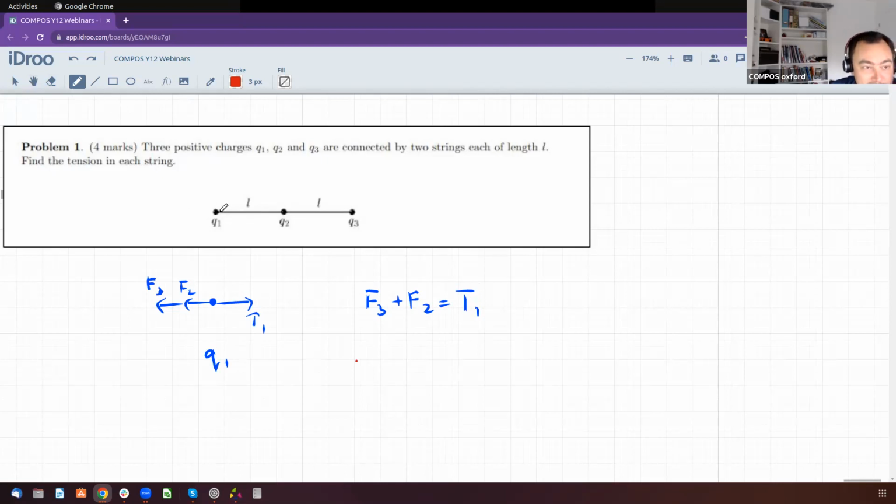So it's going to be T1, T2, sorry, T1, T1, T2, T2, and this is going to be F2, F3, and this is going to be F1, F3, and this is going to be, oh, the wrong way.